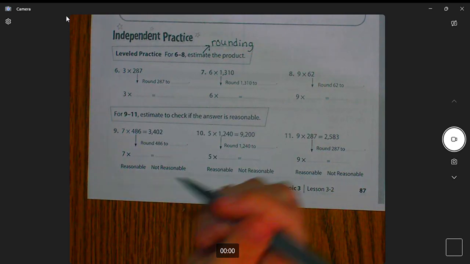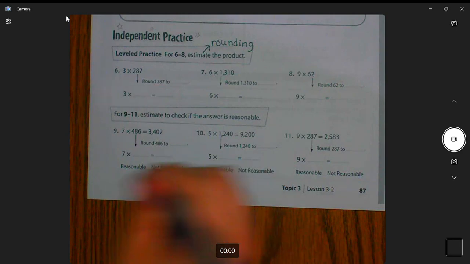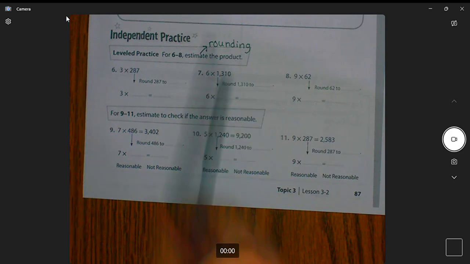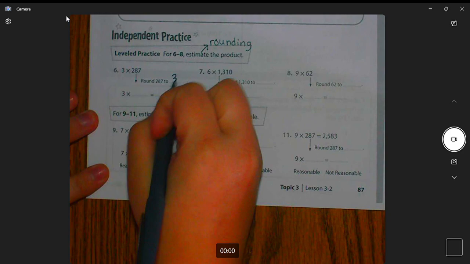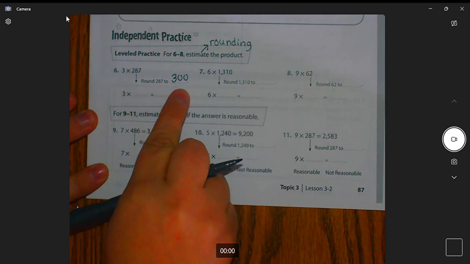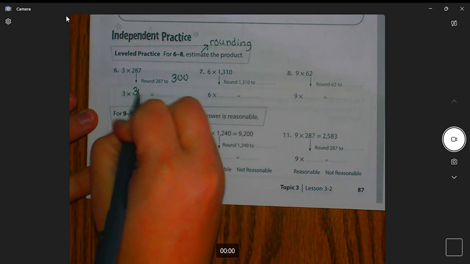So 287. Do you think it would be closest to 300 or 200? You're right. It would be closest to 300. So I'm going to write 300 where it says round 287 to 300. And then I'm going to bring that factor down and write 300 again.